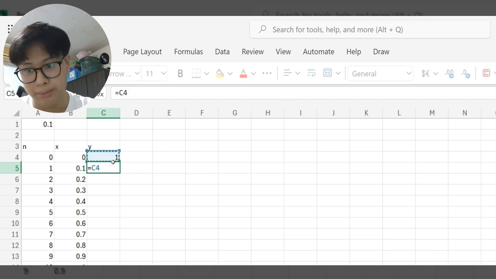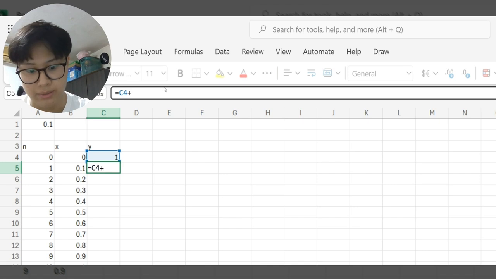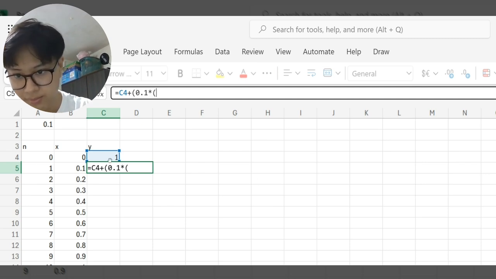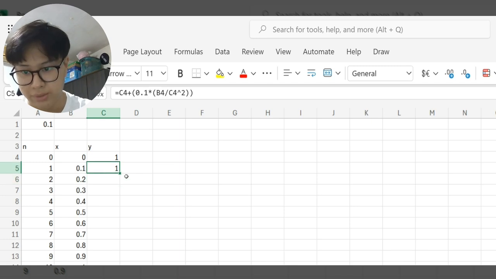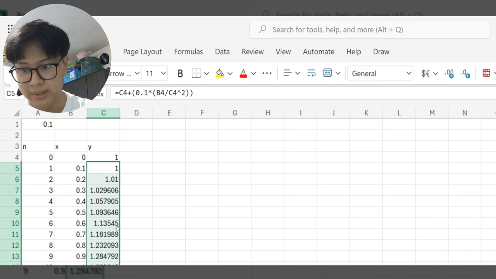So we take the previous y plus the increase in y, which should be the step size of 0.1 times dy over dx, which will be our x over y squared. And this will give us our new y. So we apply this and we get the answer.